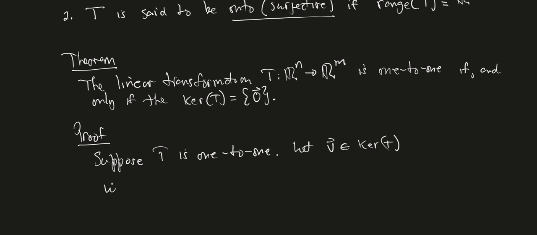So we know, and this was one of our properties of linear transformations, that when you take the transform of the zero vector, you get another zero vector.